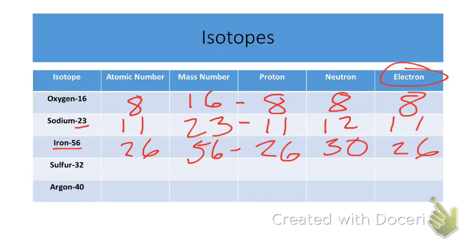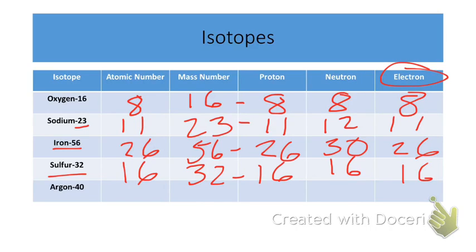All right, sulfur. How do we deal with sulfur? Well, sulfur 32 has an atomic number of 16, mass number 32, 16 protons. 32 minus 16 gives us the number of neutrons, and in this case, that would be 16.